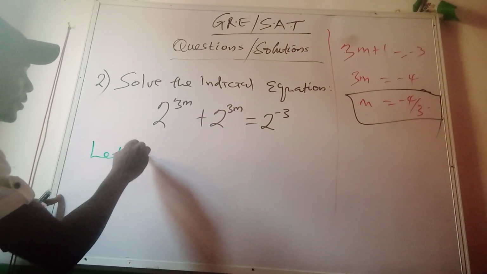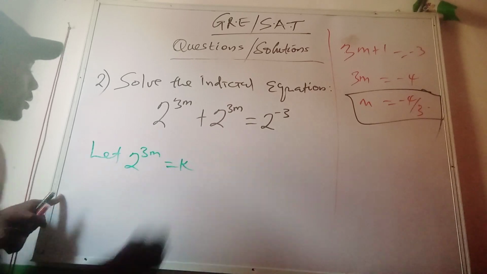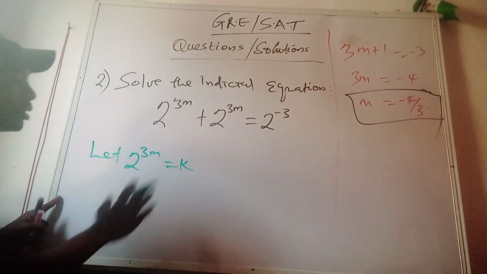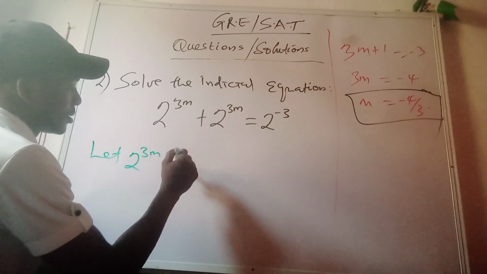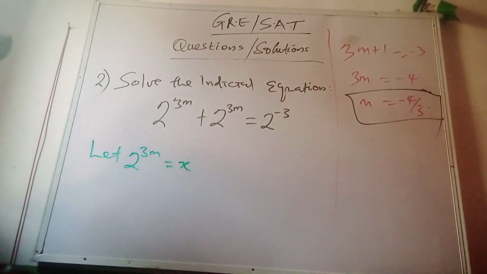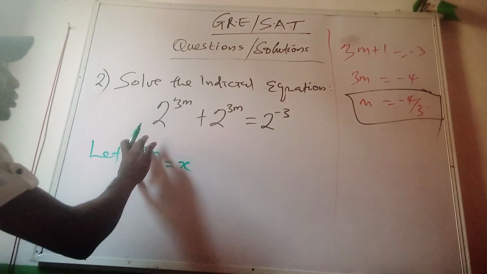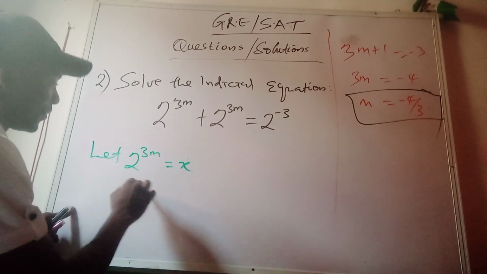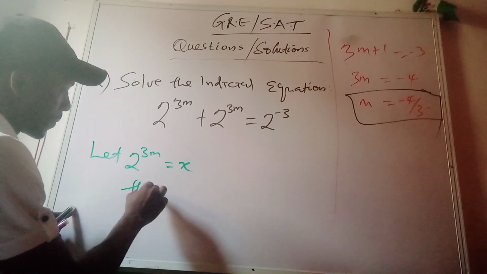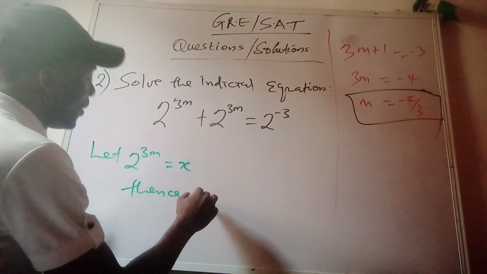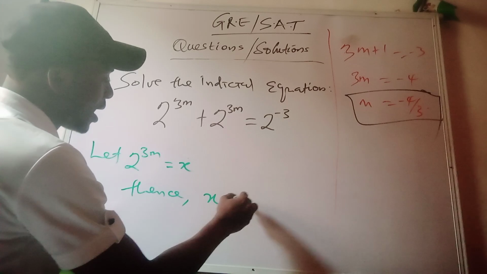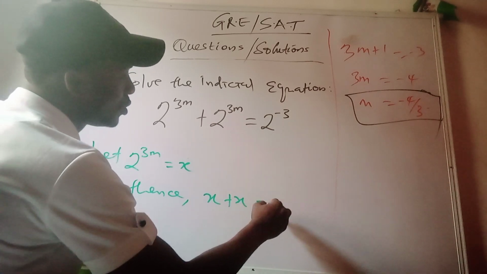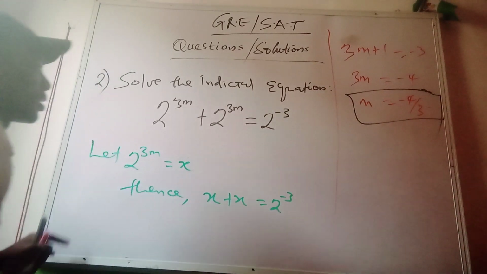2 raised to power 3m be equal to k. Or let me use x. So now anywhere I see 2 raised to power 3m, I'm going to put x. So I can now have, hence, x plus x is equal to 2 raised to power minus 3.